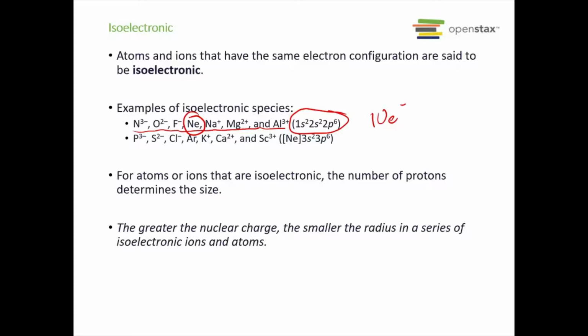Another example, phosphide, sulfide, chloride, argon, potassium ion, calcium ion, and scandium ion, again, are isoelectronic. So these are isoelectronic to argon. And then again, you can see what they had to do to have that noble gas configuration to be the same as argon here.